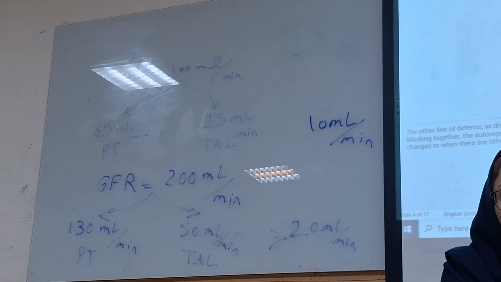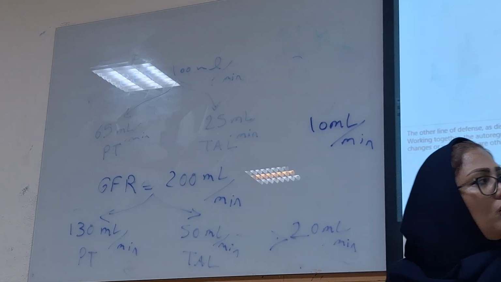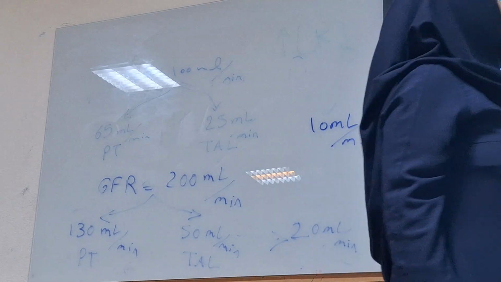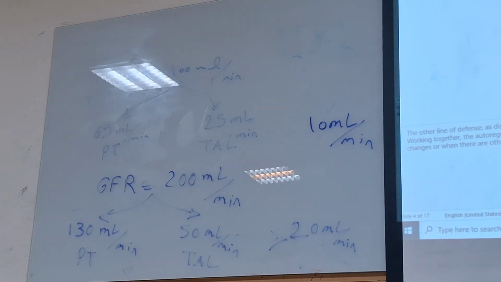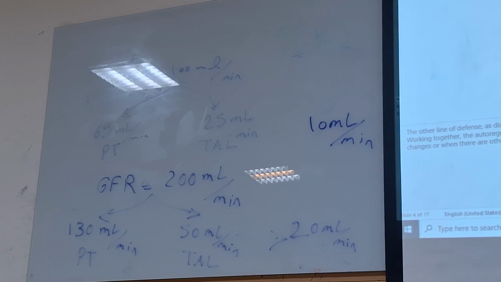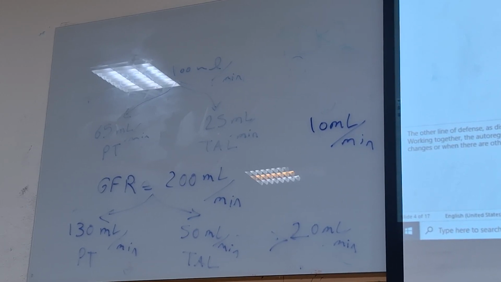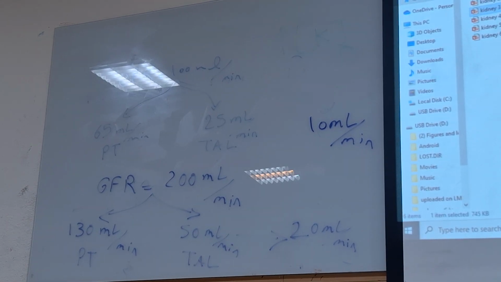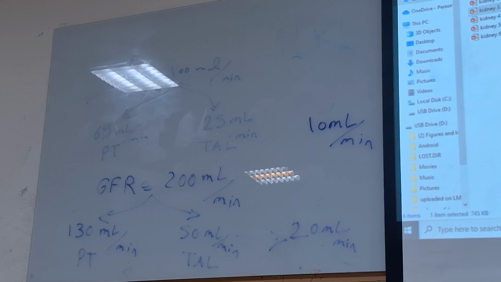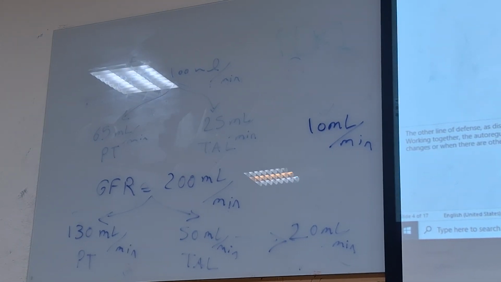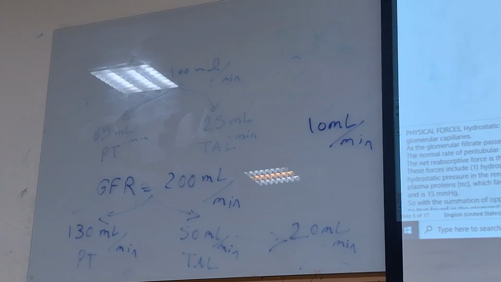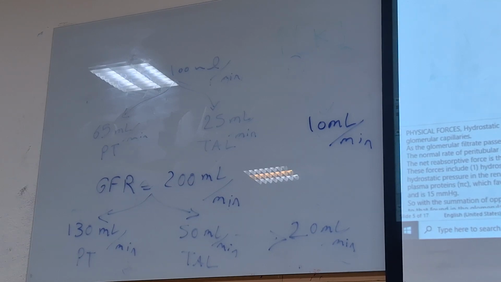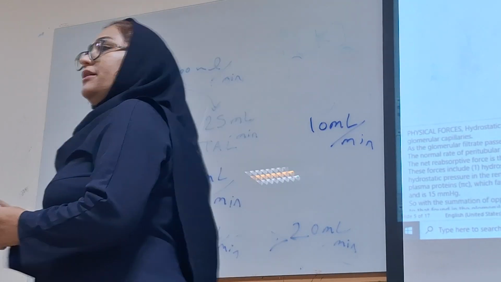Here in this figure, you can compare TGF with GTB. No question? Was it clear?